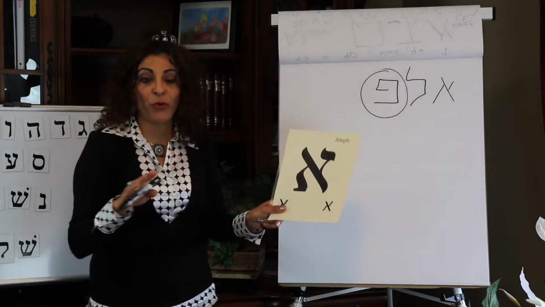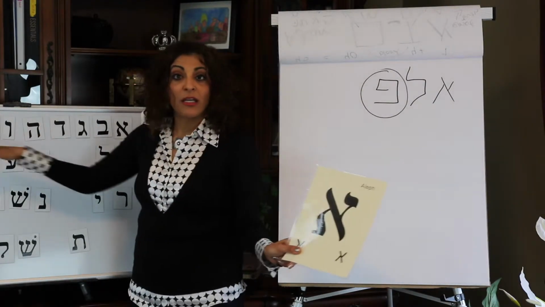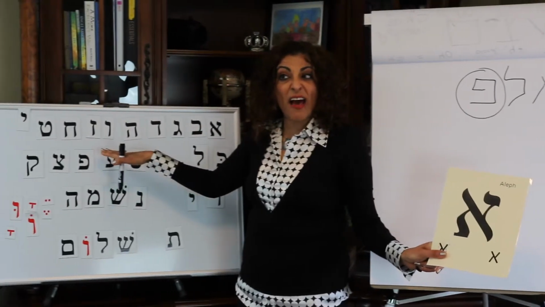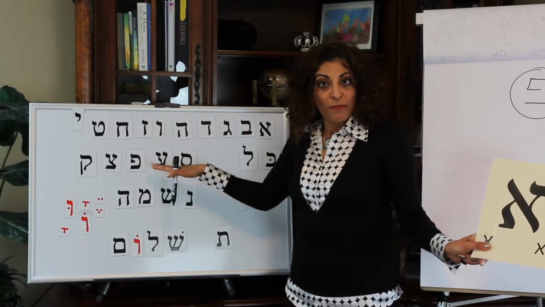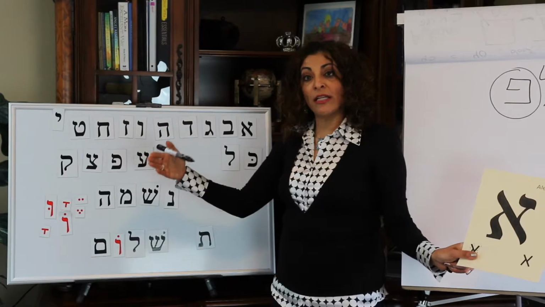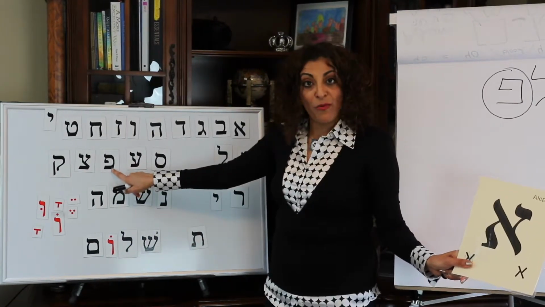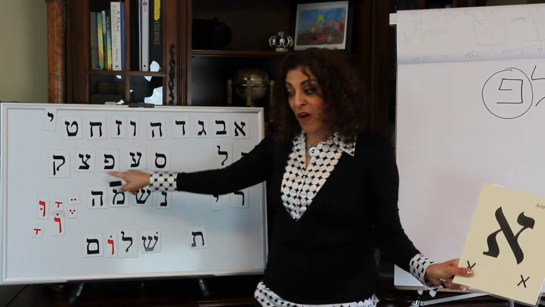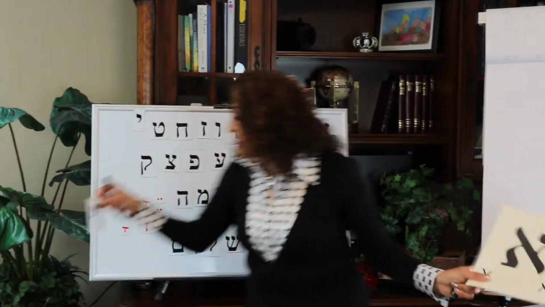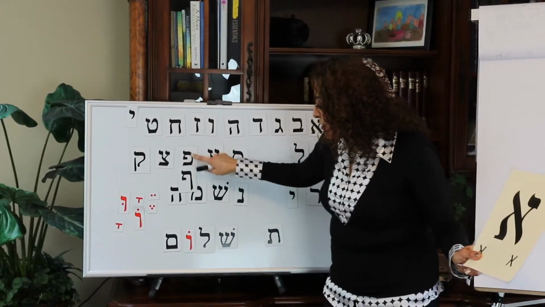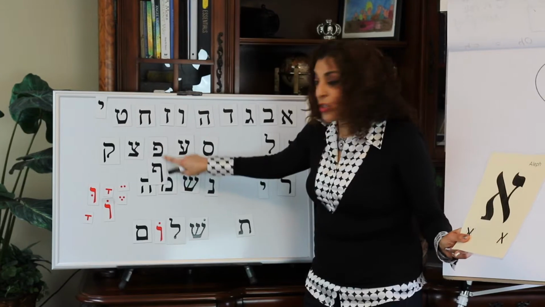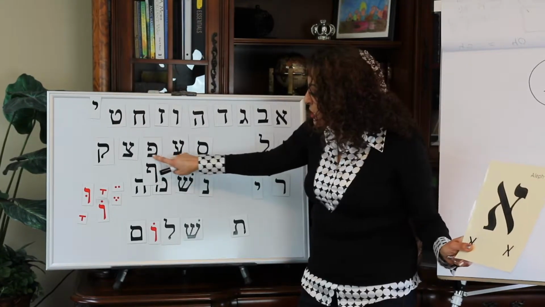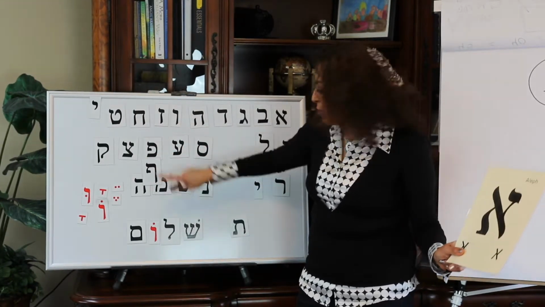Remember how I told you that there are 5 letters in the alphabet that have pairs, that have their final letters? So Fe, which is right here, has a final Fe, which is this. As you can see, these two look somewhat alike. Just this leg flips down.